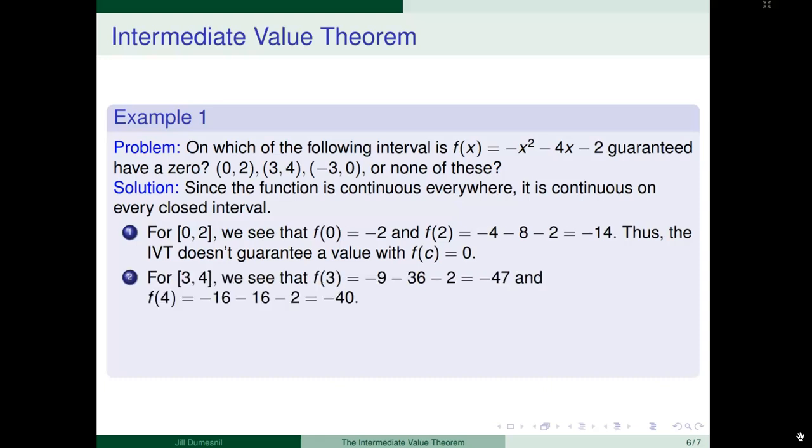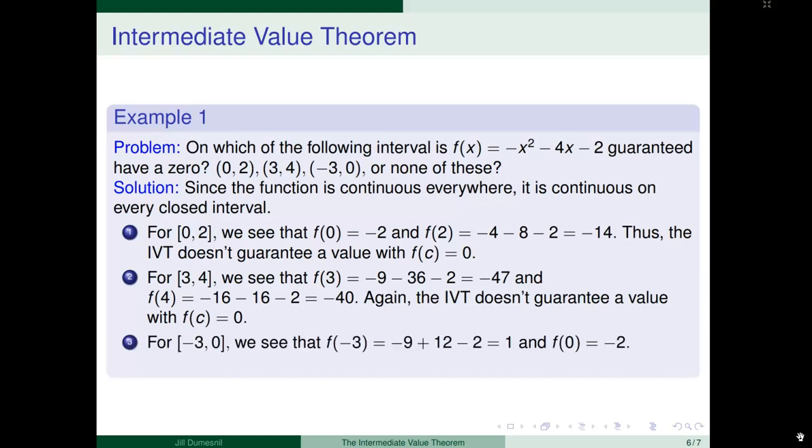For the closed interval from 3 to 4, we see that f of 3 and f of 4 are also both negative. Therefore, the Intermediate Value Theorem does not guarantee a value between 3 and 4 with f of c equals 0.